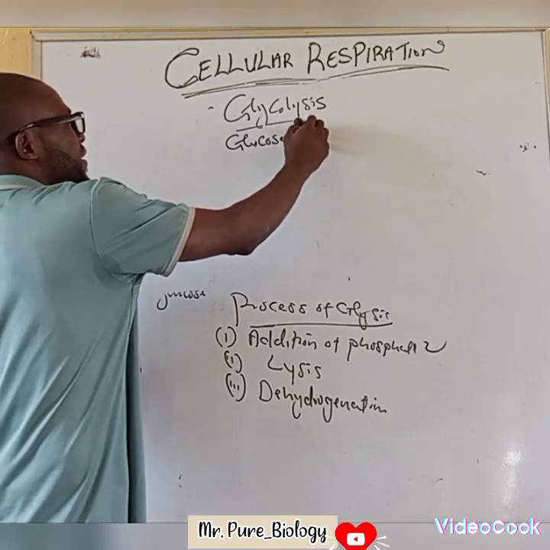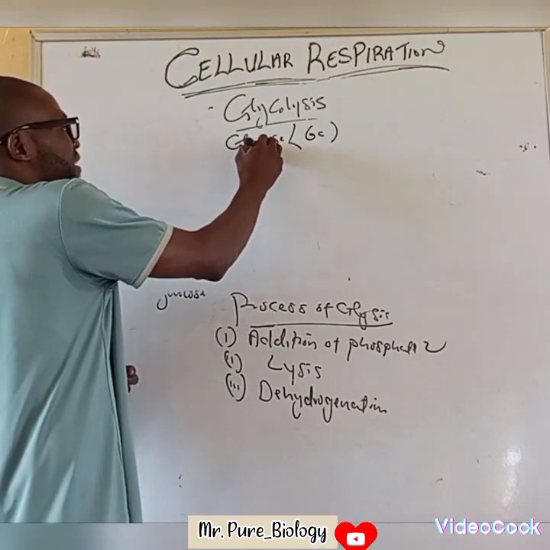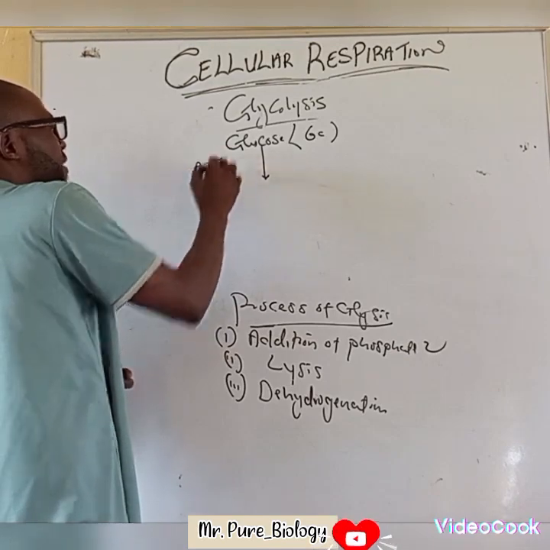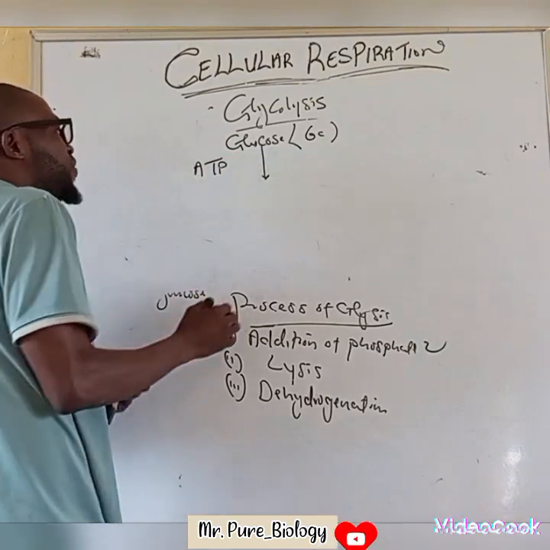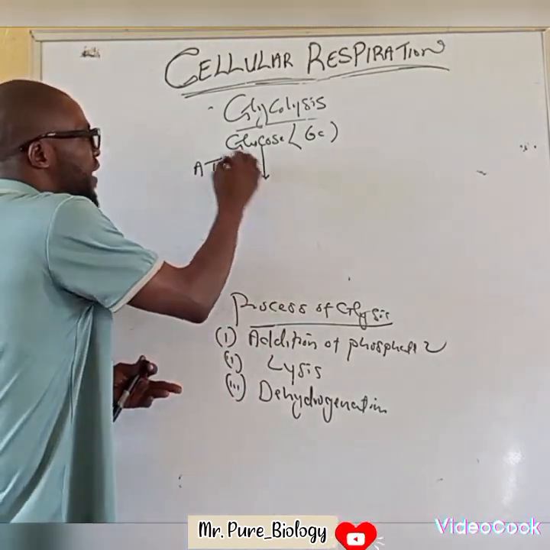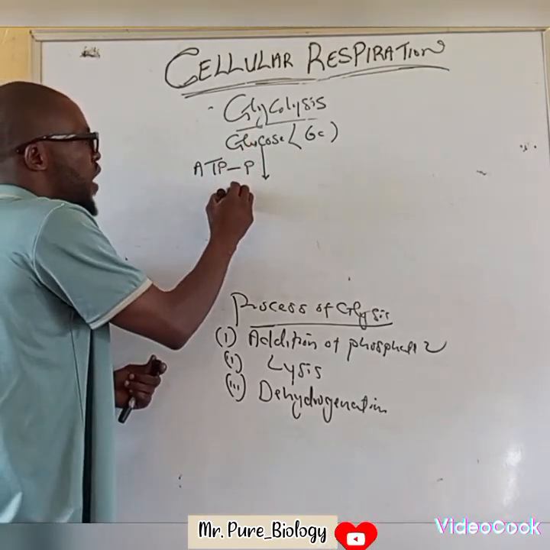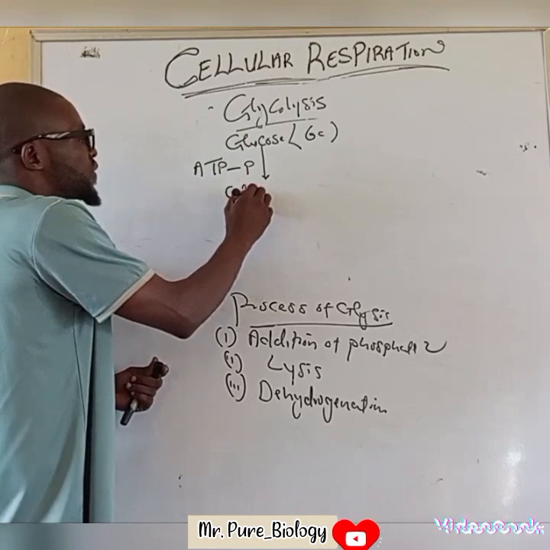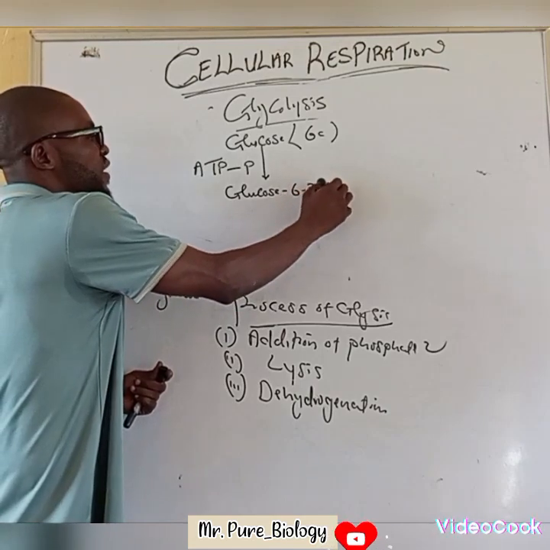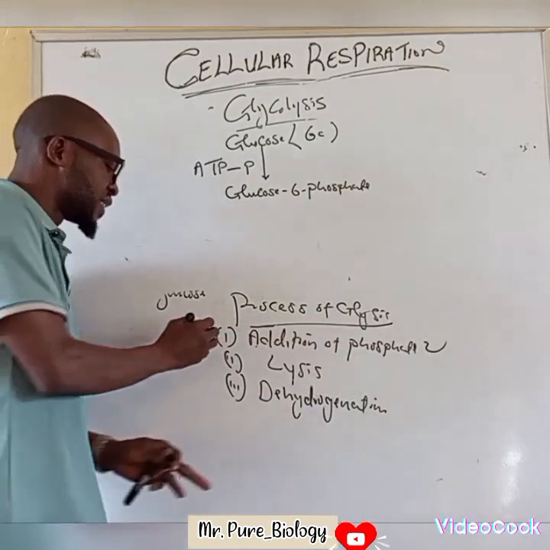As the glucose is coming down like this, here we have ATP, adenosine triphosphate. The adenosine triphosphate will supply P, a phosphate group, and when the phosphate group is added to the glucose, we are going to have glucose 6 phosphate. That is the addition of the phosphate. That is the first step.